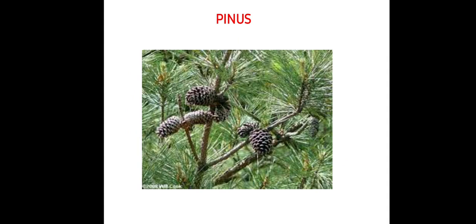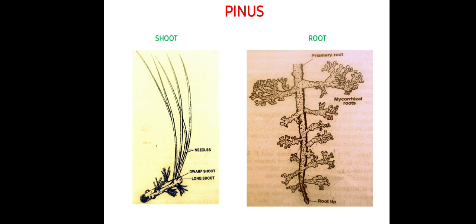This is the structure of a typical Pinus plant: here the shoot and root, the root with mycorrhizal association, that is the ectomycorrhizal association, here the dwarf and long shoot, and normal and scaly leaves.